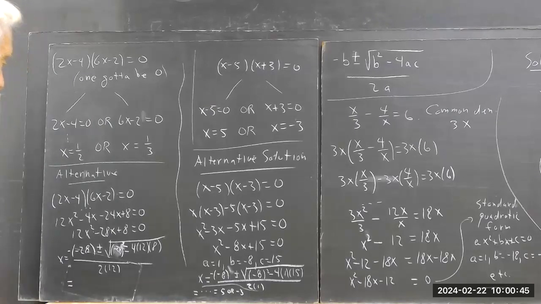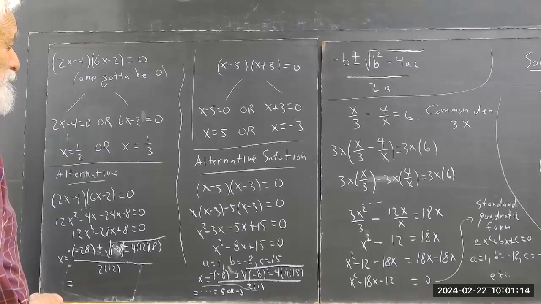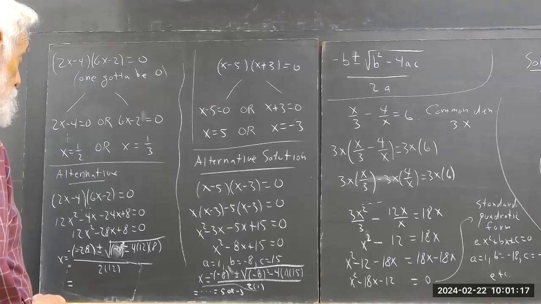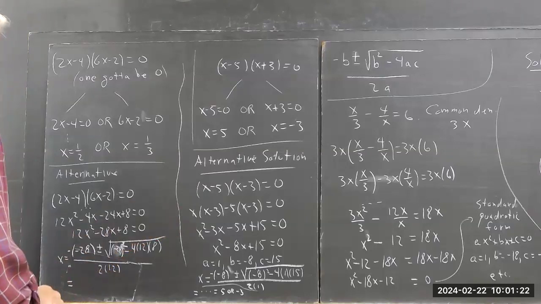Well, so be it. You work this out, and if I've written it out correctly, first of all, 28 squared is what? 784. And this is 48 times 8, which is 384. And 784 minus 384 is 400. That doesn't all work out right.